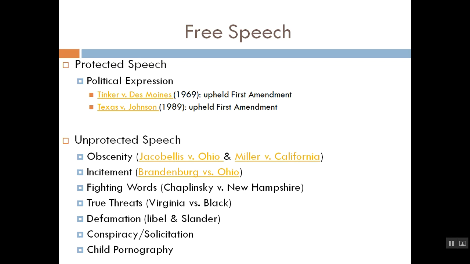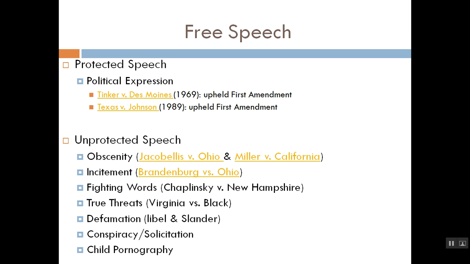So one thing I want you to understand about these free speech cases is that anytime a form of expression or communication is censored and somebody challenges that on free speech grounds and it goes to court, the court needs to first figure out whether this particular communication falls into a category that is protected speech or a category that is unprotected speech.